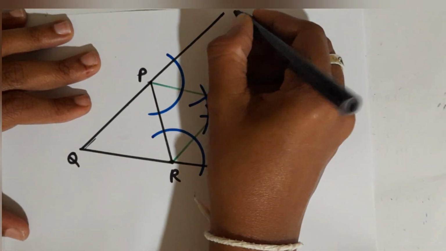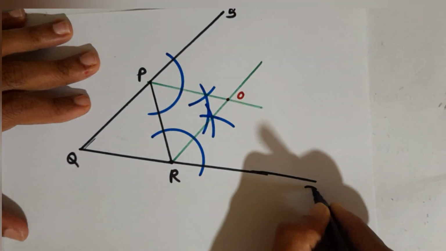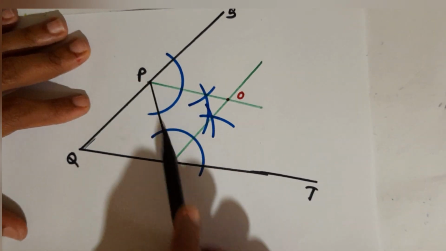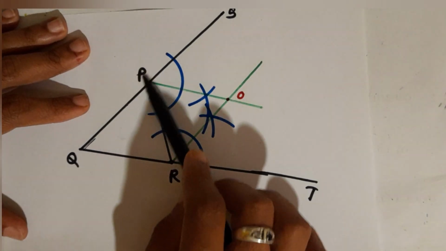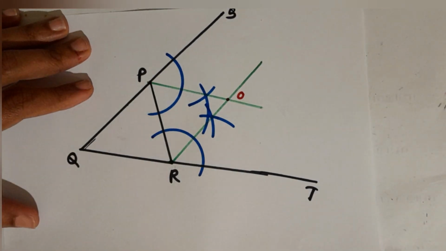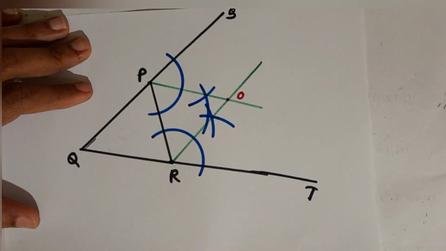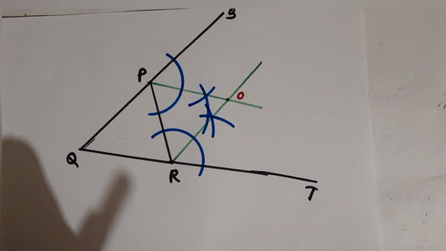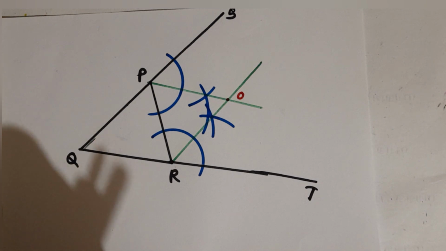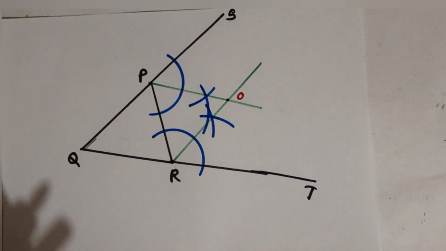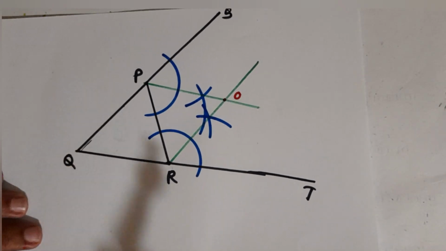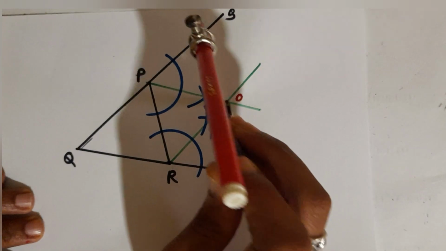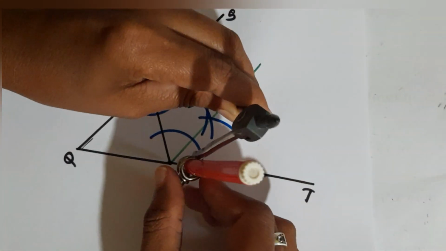Then I'll name these two ending points of the straight line segments as S and T. Now we have to draw a perpendicular from O to the PS, PR and RT straight line segments. We can select one straight line segment here. I'll select the straight line segment RT and draw the perpendicular.